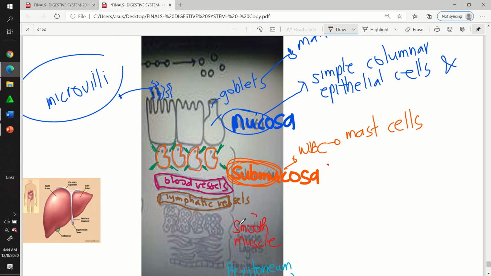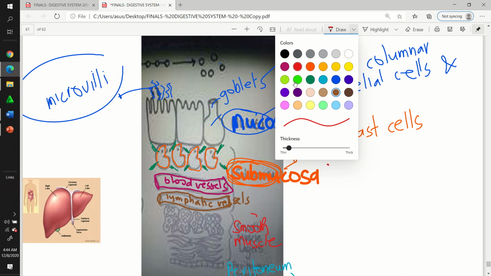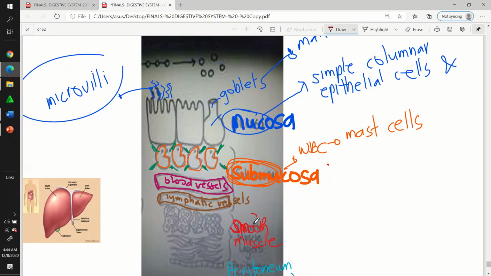So below that we have your smooth muscle. Sorry, let me just erase this one. Your smooth muscle contains circular layers representing your muscle fibers.